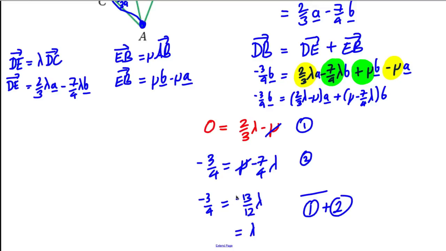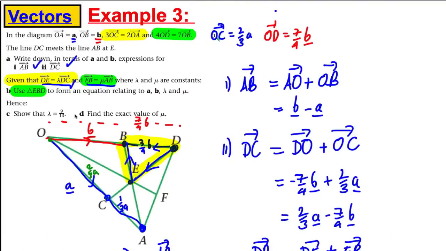So dividing both sides by negative 13/12, so negative 3/4 divided by negative 13/12, I get myself 9 over 13 as required. So 9/13. That's exactly what I was asked to show in the question.